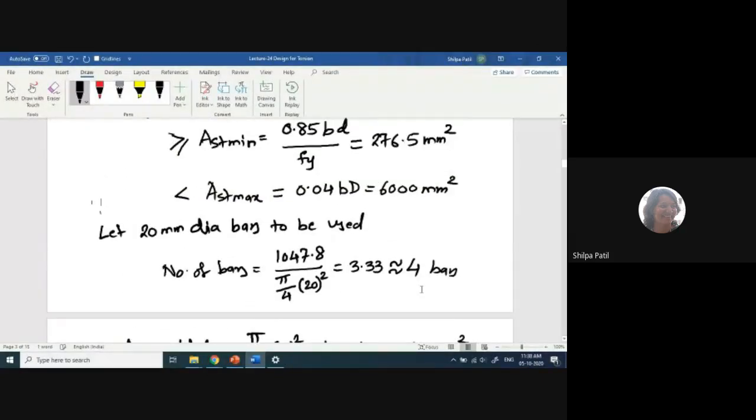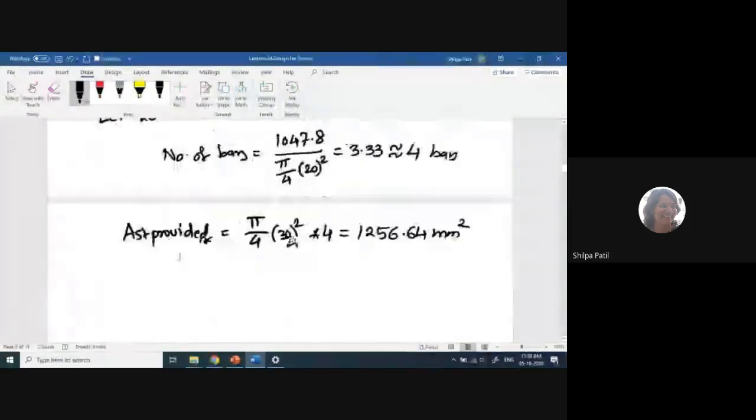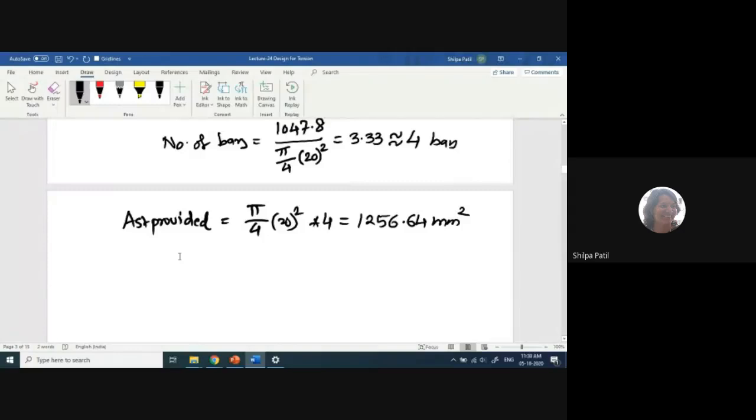See, the number of bars required are 4 as per our calculation. Okay, so instead of providing the same diameter of bar throughout the section, we can consider a combination of bar diameters. For example, if I consider 2 bars of 25 mm, or 2 25 plus 1 12 mm bar.